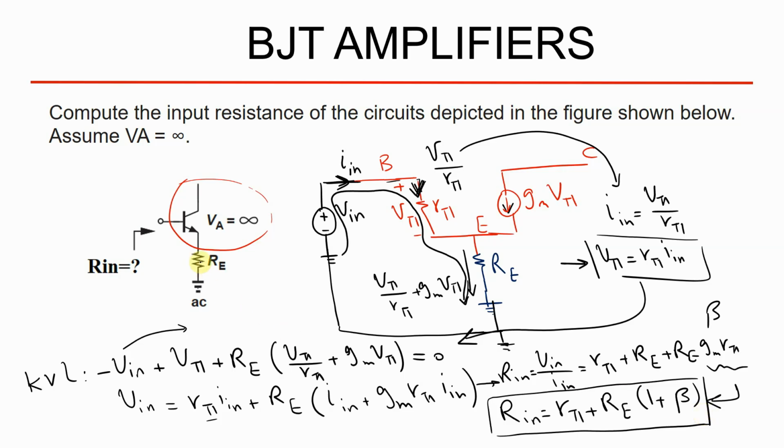And I'm gonna say something else, because we've seen this R in from the base of this amplifier. You already have R pi from the base, okay? So we have R pi, no problem with that.